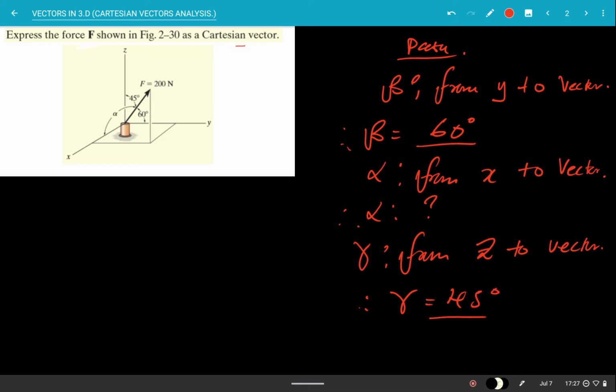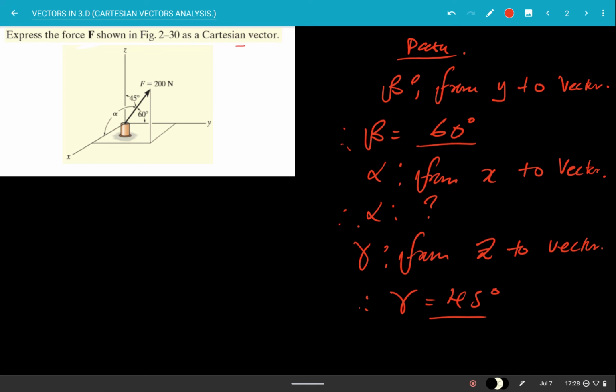Now, not even in most cases, let me say every time you have a directional angle, make sure that even other directional angles are found. So whenever you're expressing in this type of condition, you have to make sure that you find all the directional angles. Now, given two directional angles, we can find the missing angle.